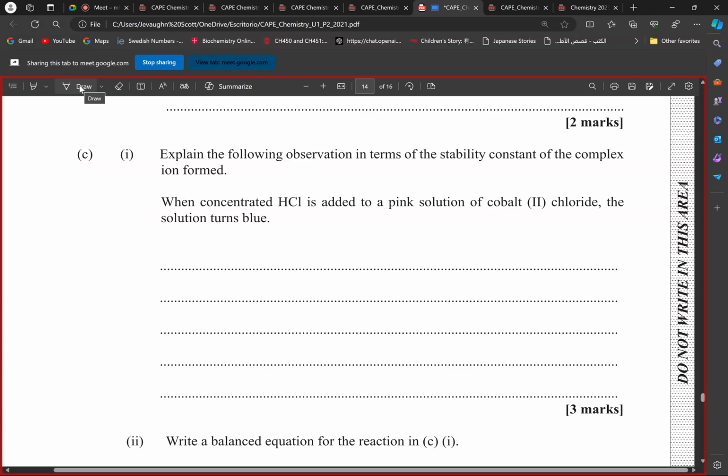Sir, would it displace the cobalt and the cobalt would form a precipitate? Nope. Sir, so you add chloride, so it's trying to get rid of the extra chloride, right? Nope. You're going to have hydrated.